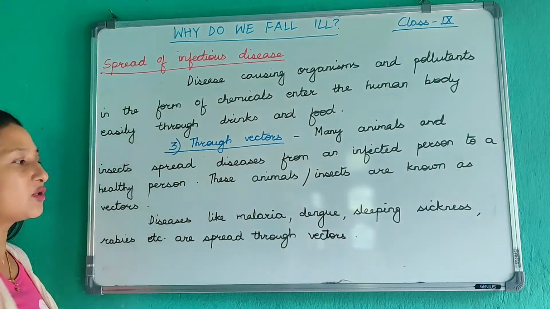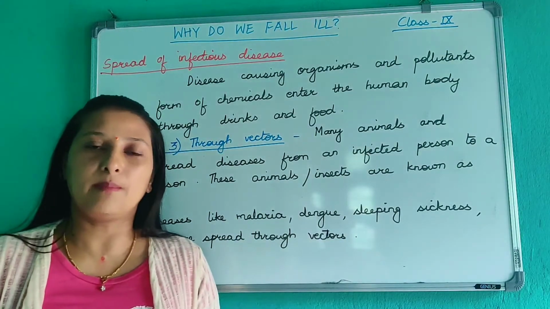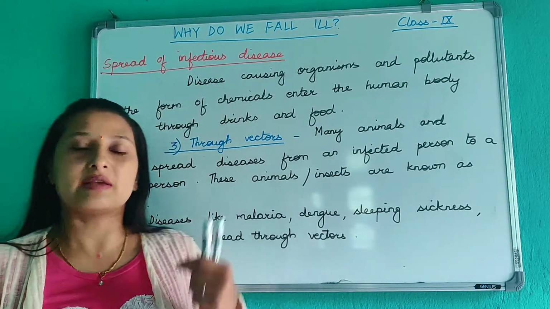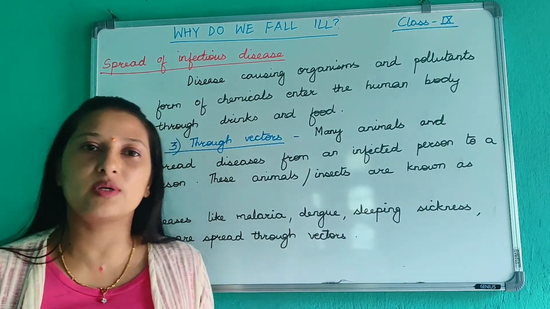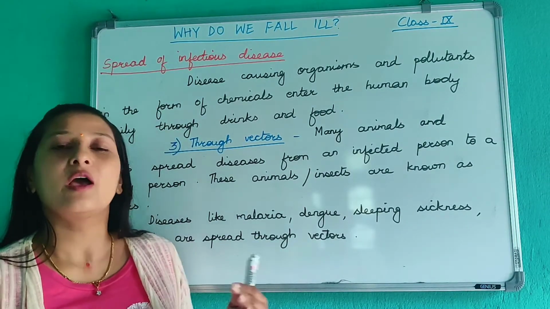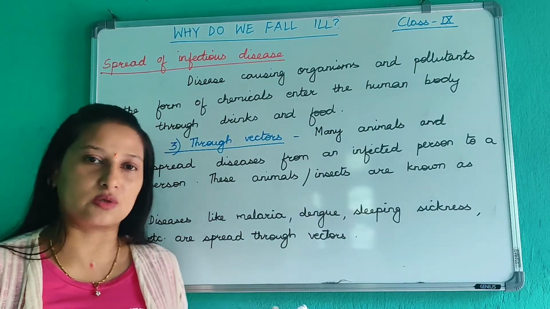Malaria is a disease that is caused by protozoa, but that protozoa is carried from an infected person to a healthy person by a mosquito, that is the female Anopheles mosquito.